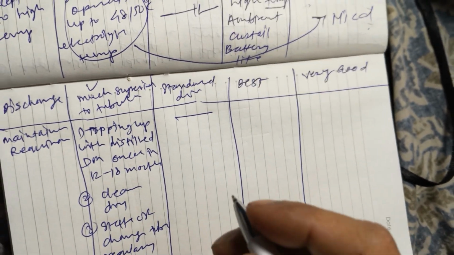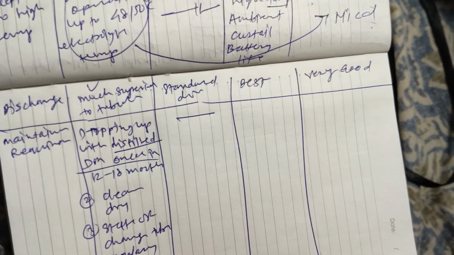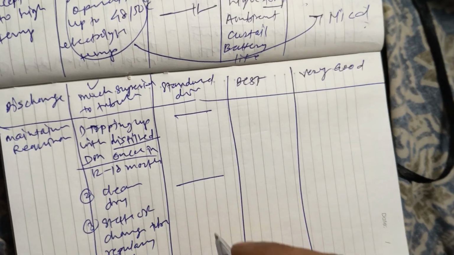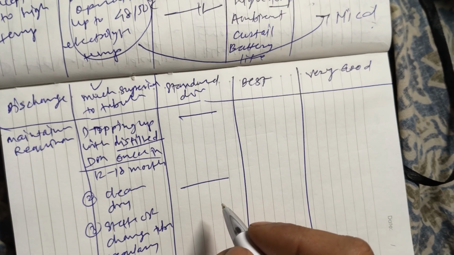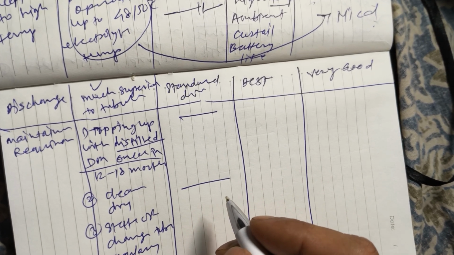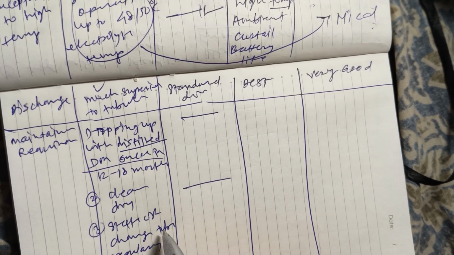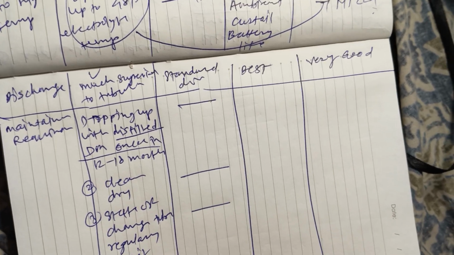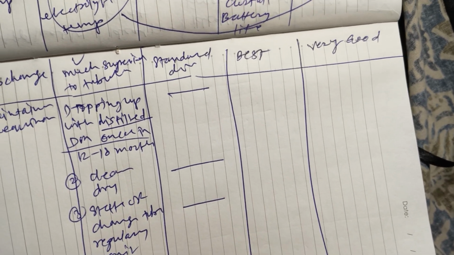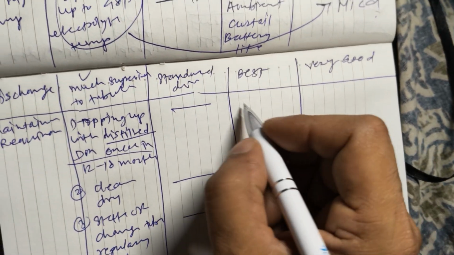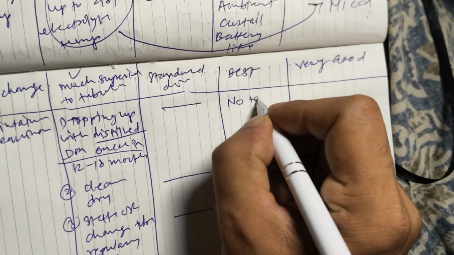Same for tubular: topping up is done with distilled water. Battery to be kept clean. Connections to be checked. Terminal, dryness and cleanliness to be maintained. State of charge to be regularly monitored. Here in VRLA, no topping up required.